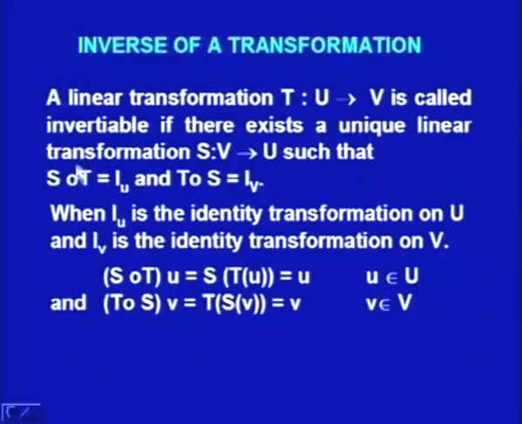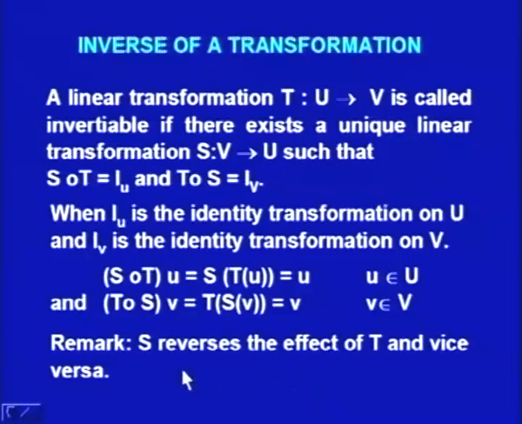This first equation can be written as S composite T on u is equal to S of T u is equal to u, where u belongs to U, and T composite S operated on v is equal to T of S v is equal to v, where v belongs to V. So, this is equivalent to this and the second one is equivalent to this.